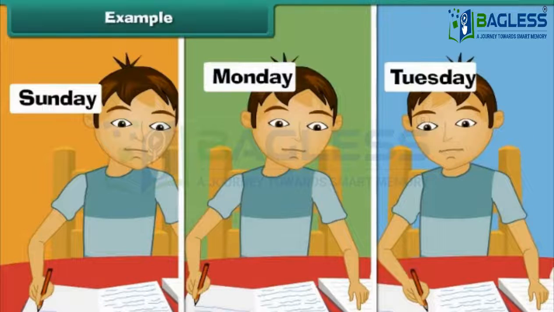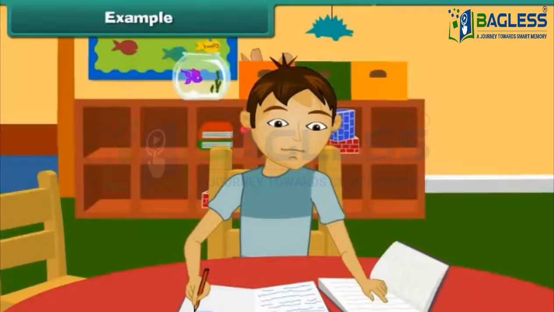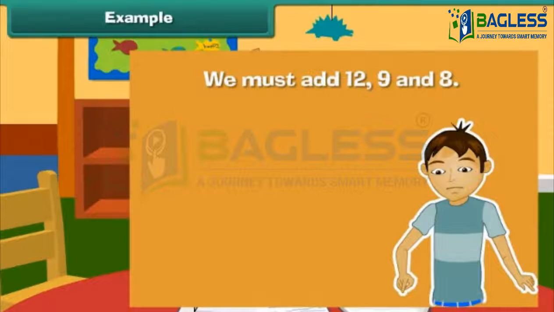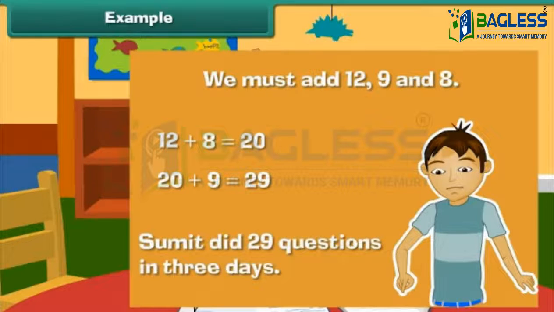To find the questions done by Sumit, we must add 12, 9, and 8. 12 plus 8 is equal to 20. 20 plus 9 is equal to 29. Sumit did 29 questions in 3 days.